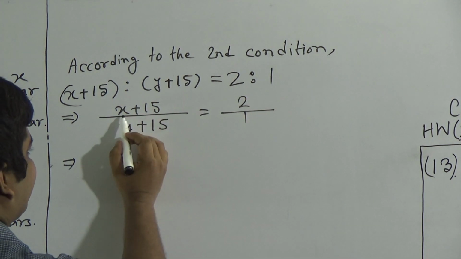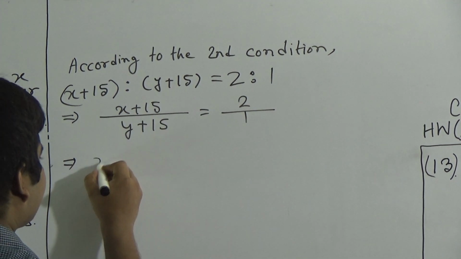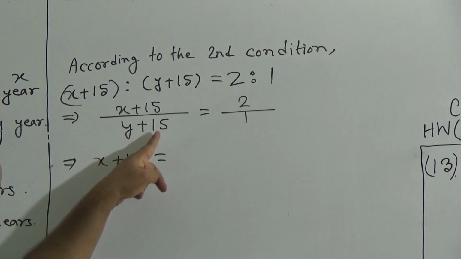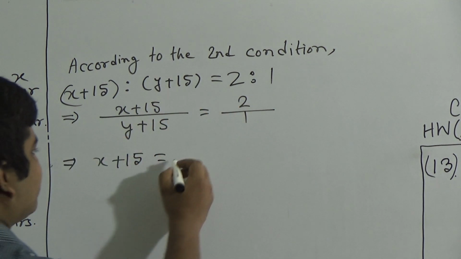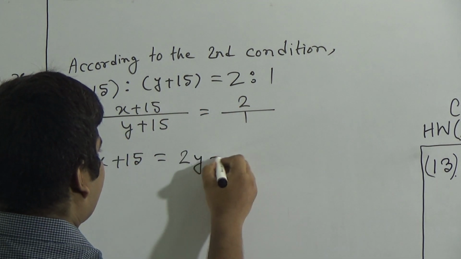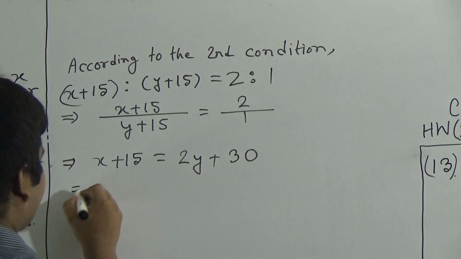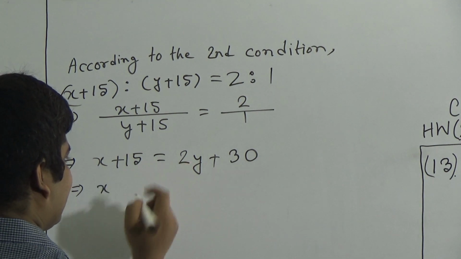That means at first we multiply x plus 15 with 1 and we get x plus 15. Then we multiply y plus 15 by 2. That means y and 2 we get 2y. If we multiply 15 with 2, then we get 30. After that x, this 2y changes its position.